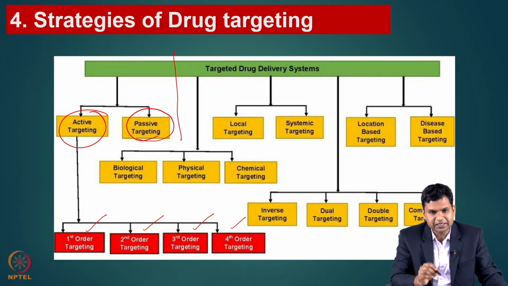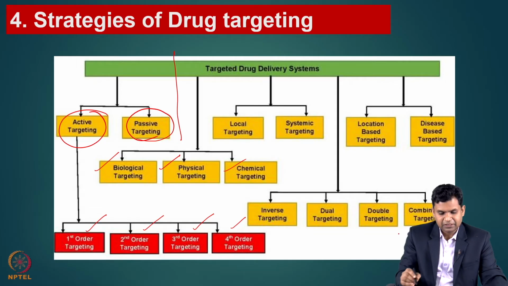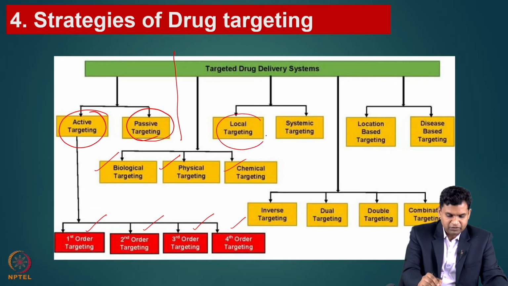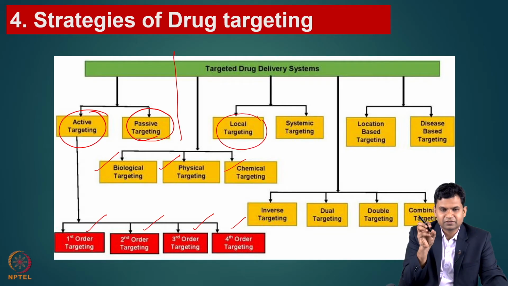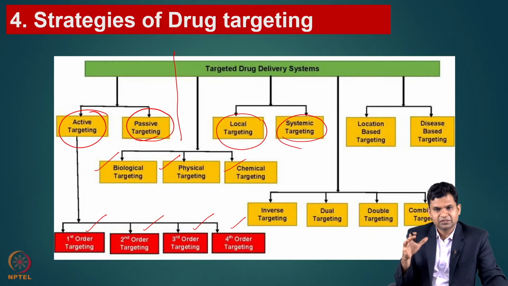Yes, this targeting is also possible by biological targeting, physical targeting and chemical targeting. And if you want to perform targeting at a particular region, you can also use local targeting. And if you want to see your formulation in the systemic circulation, you can use the systemic targeting strategy.